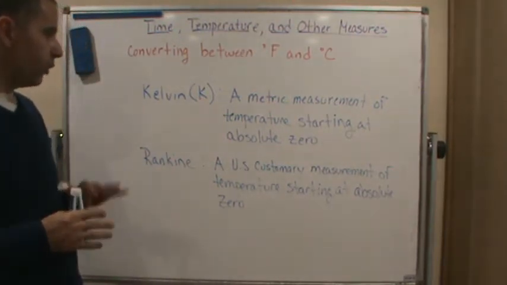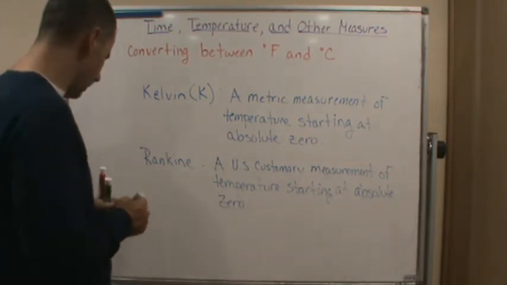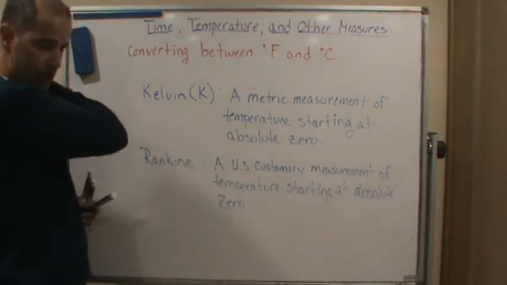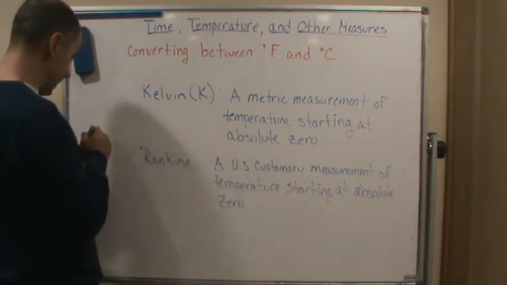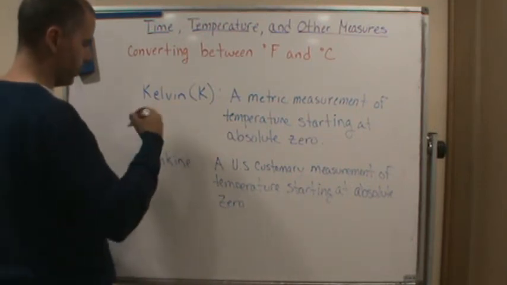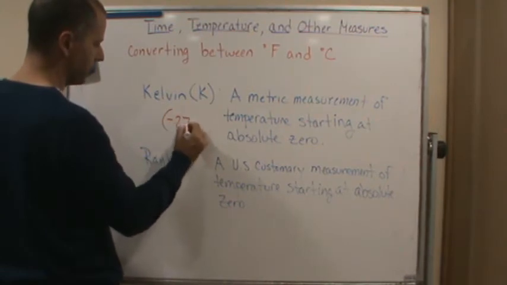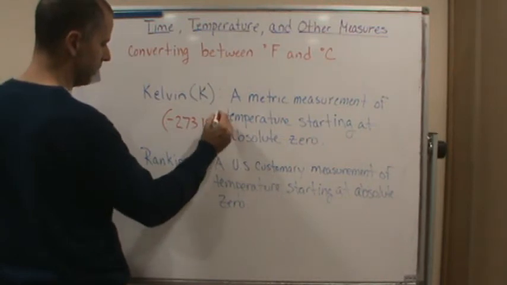Now, the way their scale is, it's a little different. For example, kelvins are more related to the other metric measurement, Celsius. So absolute zero on the Celsius scale is negative 273.15 degrees Celsius.